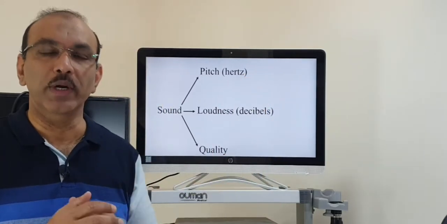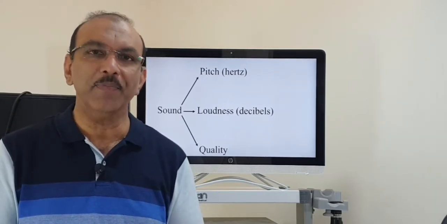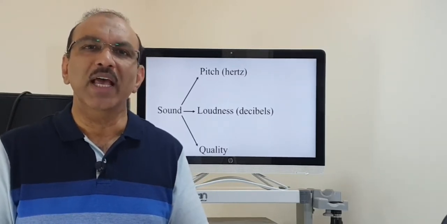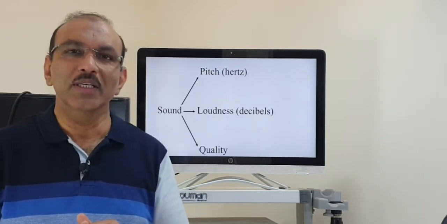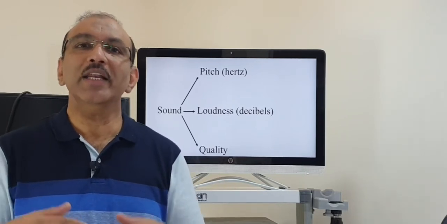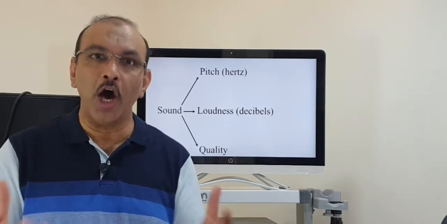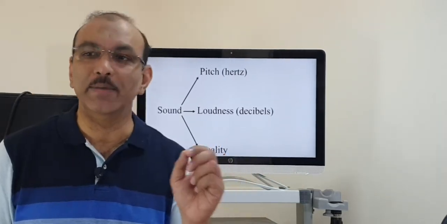Now coming to loudness. See, when you are in your car and you have the music system and you don't hear it properly, what do you do? You just increase the volume. Say, for example, I am calling my son, Anaush, and he is not responding. I call him, I increase my loudness, and it is measured in decibels.